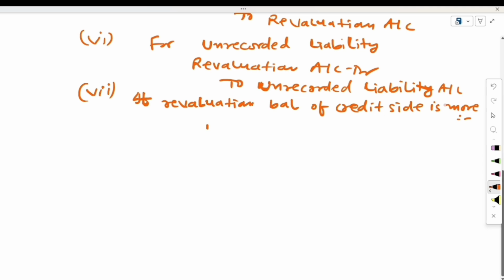For profit, we will make an entry: revaluation account debit to partners' capital account.